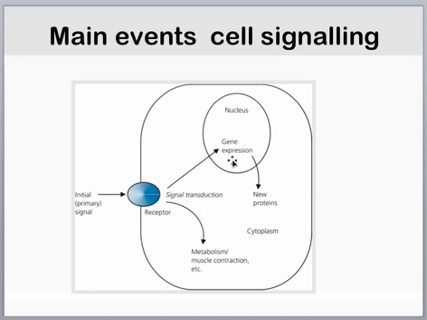If we do get gene expression, then typically we have new proteins produced, which also cause a change in the cell, leading to a change in phenotype.